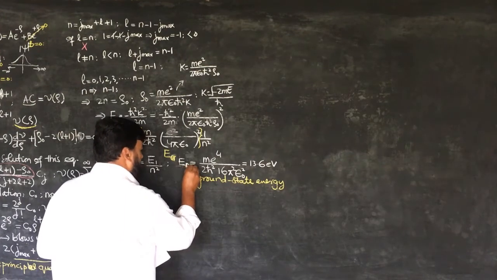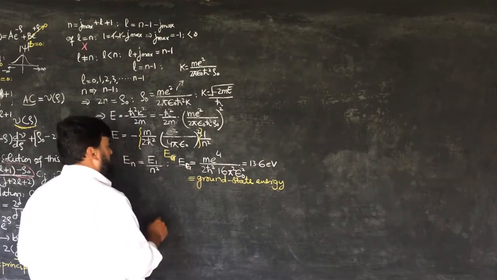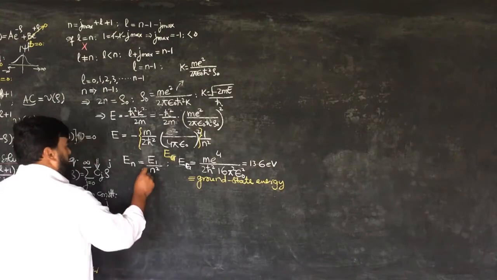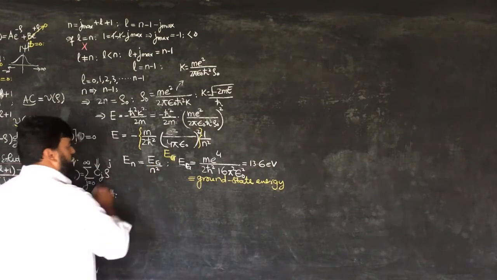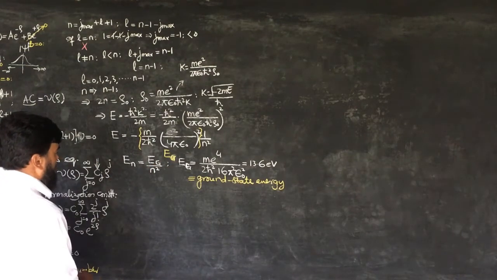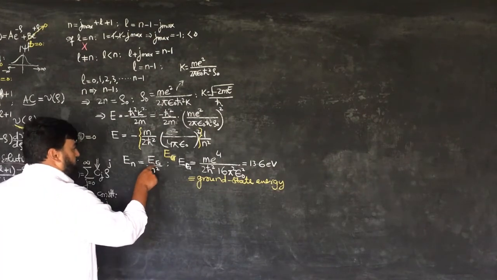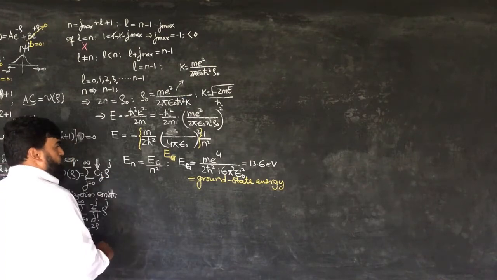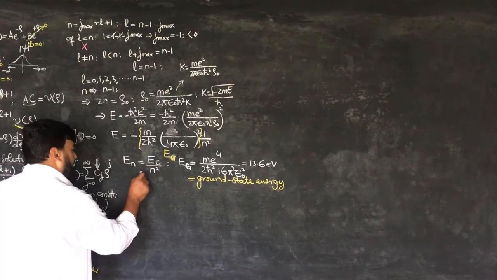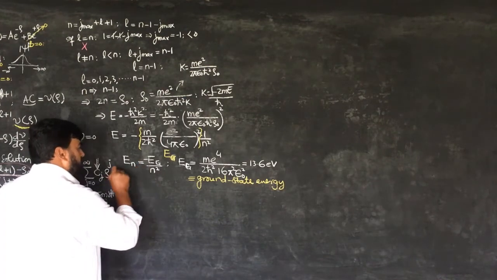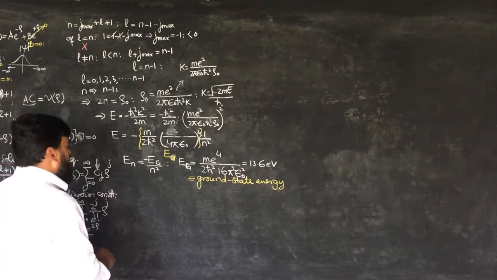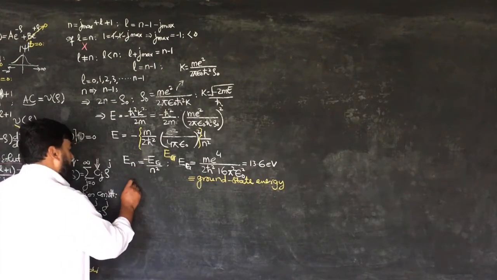So this will be the ground state energy, E ground. Not to confuse this with the band gap energy, that one is with the small g. So I can write that this is minus Eg over n square.